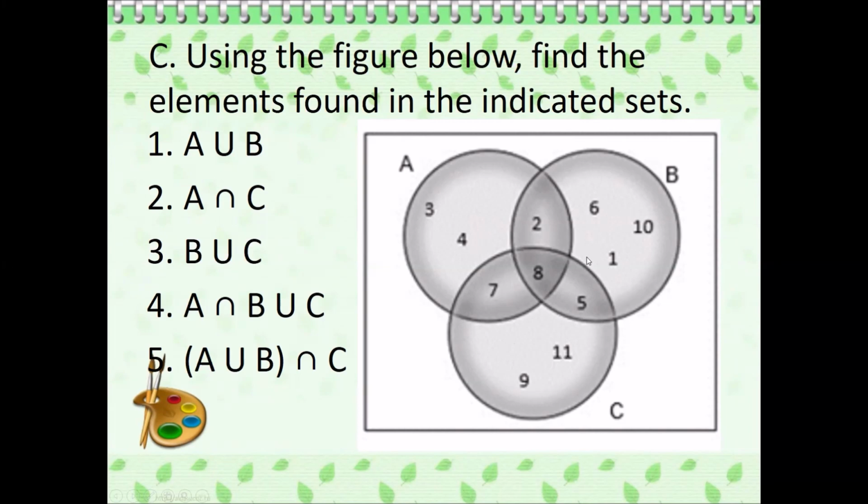Then the answer, we will union with the elements of set C. So combine the intersection and the union of set B and set C. Then the one in parentheses means you need to combine first all the elements of set A and set B. Then what are the common elements of the union of set A and set B with set C? So I hope you understand carefully and observe the given figure to answer this activity.